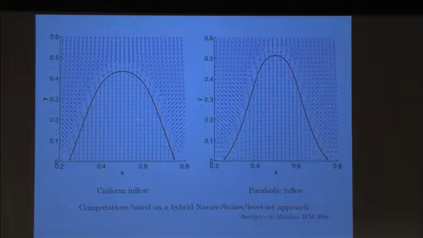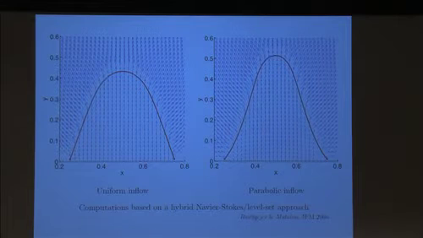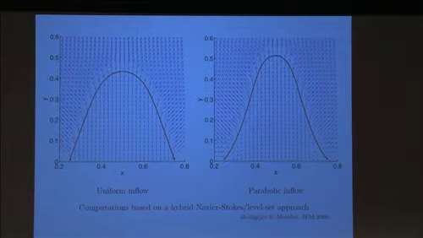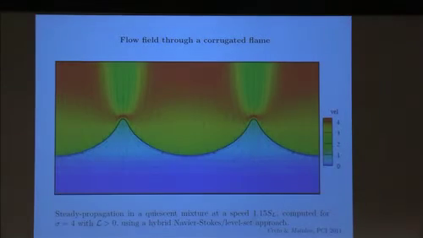In both cases, you see that the streamlines are deflected as they should, okay? And note that the flame curvature caused this apex, that before we did not resolve properly, to be rounded, right? The tip of the flame. So this is just an example.